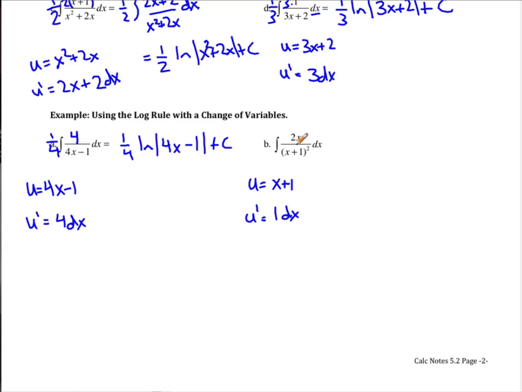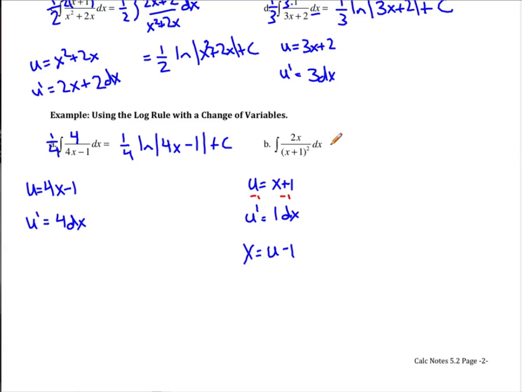And if you look up here, we have something that says 2x. And so we're going to use an idea where we need to change that variable to all be in terms of u. So x equals u minus 1. You can notice right here, if we subtract 1 from both sides, we get x equals u minus 1.